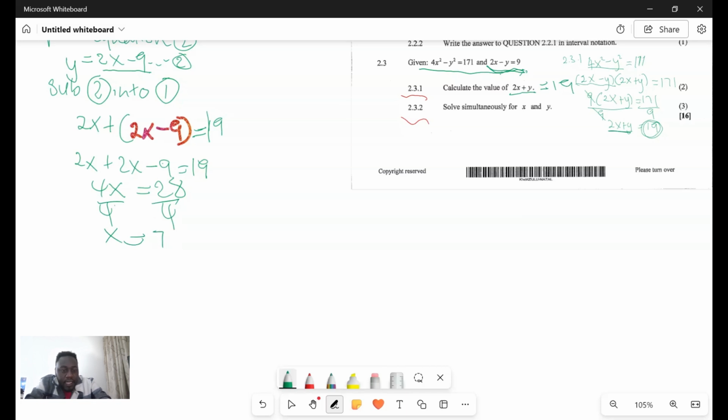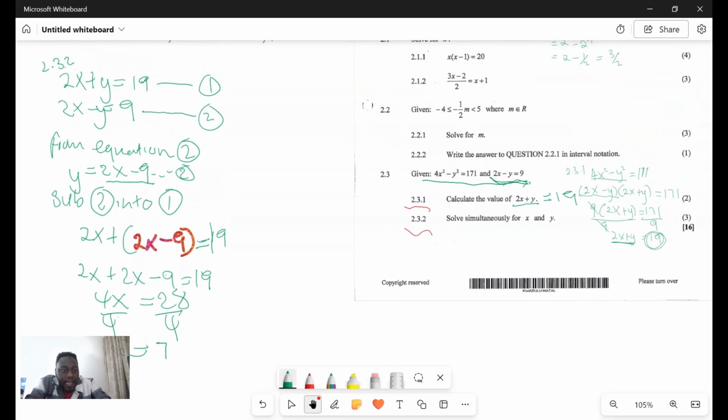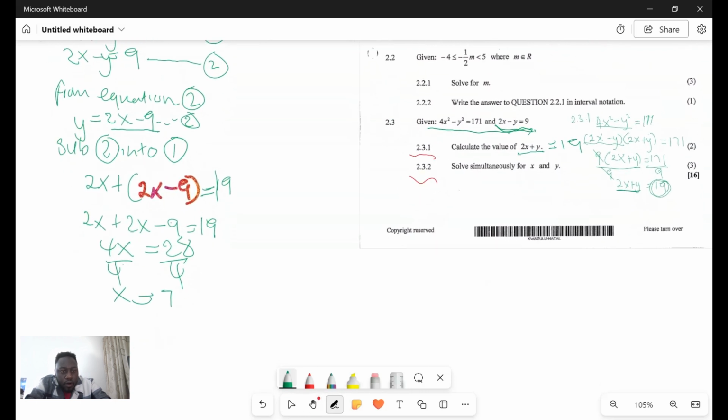Then from here now, I can go back and substitute for y. My pen just went offline. Okay, I'll go back and substitute in equation number 2, and where there is an x, I will place a 7. So in doing so, it's back now.